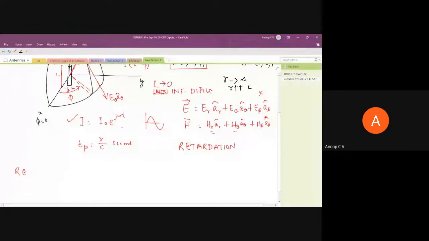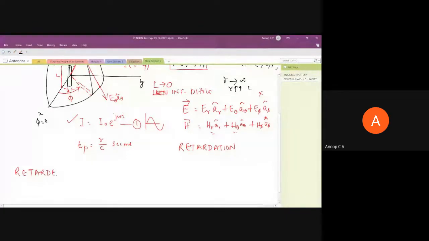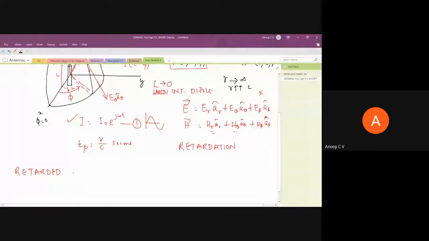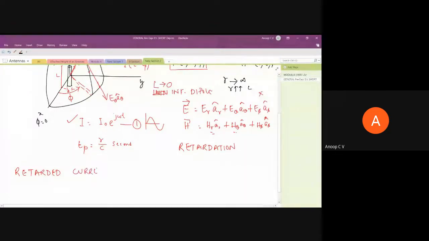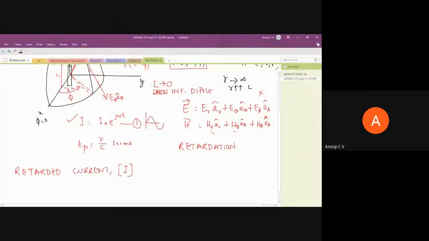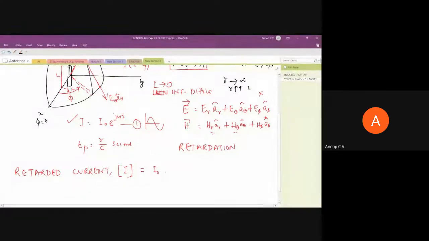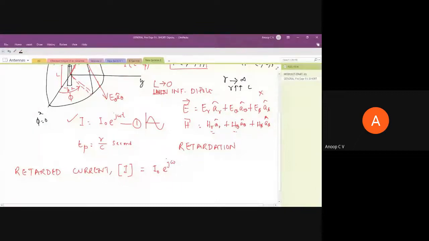I'll call this equation number 1, and equation number 2 will be that of the retarded current. You know how to represent retarded quantities: I should write it within a square bracket. That is the convention. So that will be I naught e power j omega, where I replace t with t minus r by c.